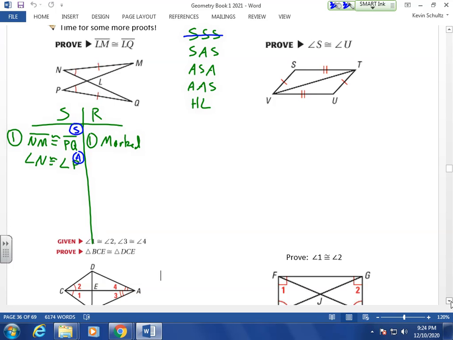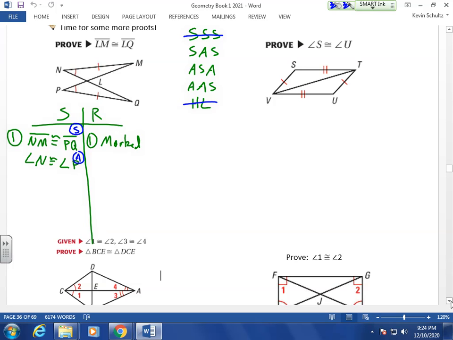I can eliminate HL. I don't have right triangles here. So basically what I'm looking for now is a second side or a second angle. So I go to my diagram and I ask, what information do I have here that I could use to say that a second pair of sides are congruent or a second pair of angles are congruent?